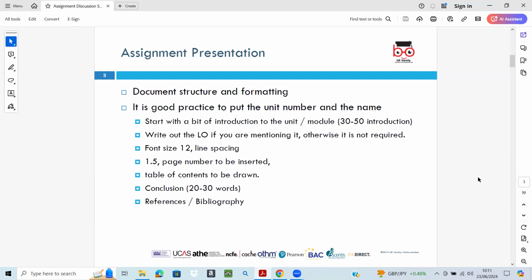So first of all, we'll need to make a title page. In the title page, what we need to do is include the unit number and name.